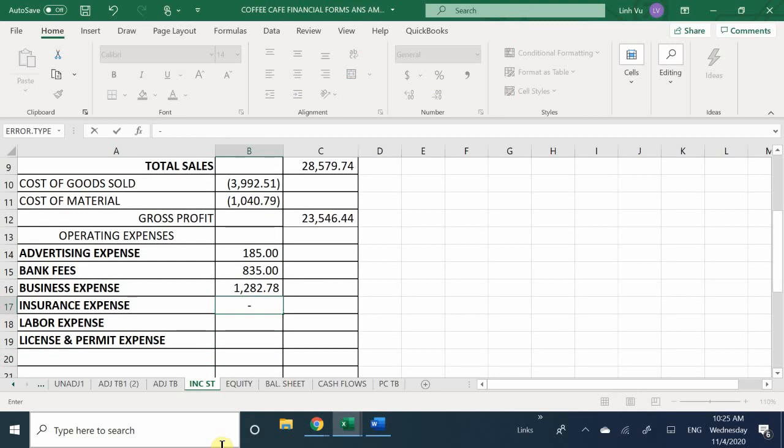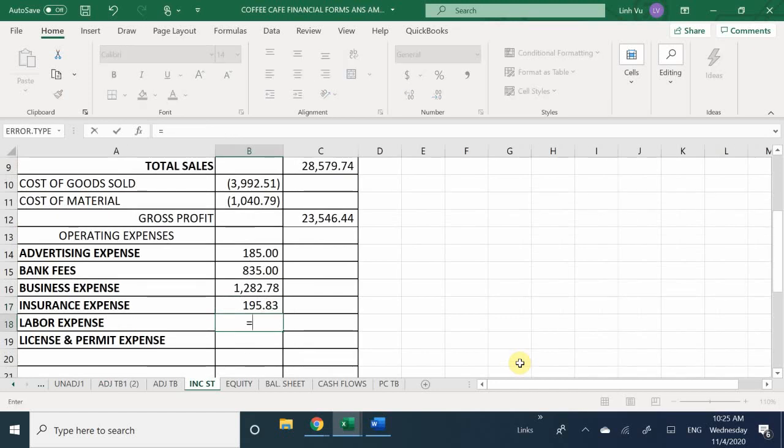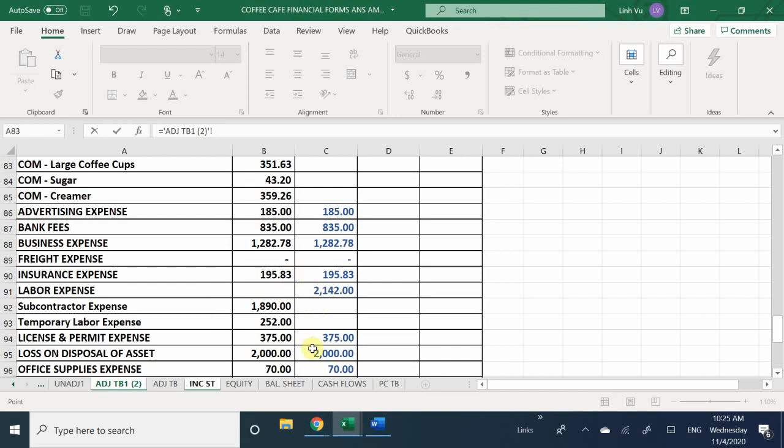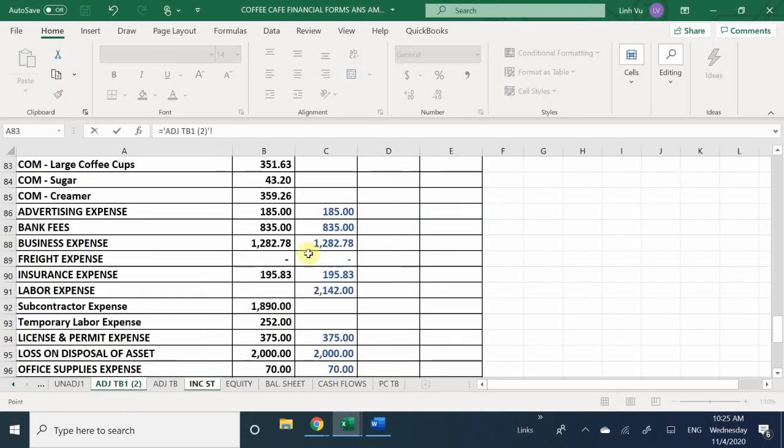So what was my insurance expense? What was my labor expense? I totaled this one up. And then what was my business license and permit expense?